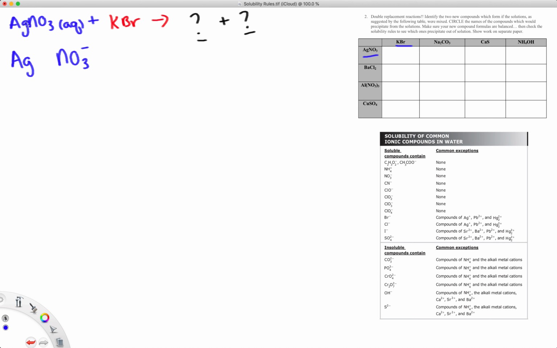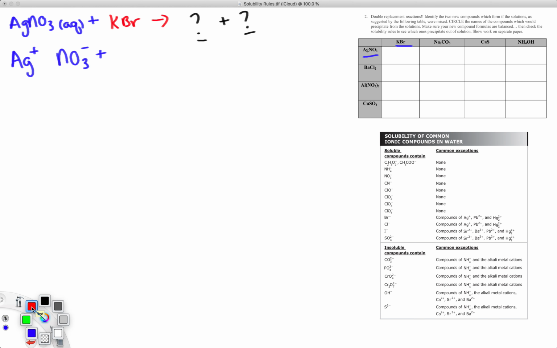I'm going to take a look at this compound up here, and I see that it's in a 1-to-1 ratio, which means there's one silver ion for every nitrate anion. Because those are in a 1-to-1 ratio and the charge on this is -1, silver is going to have to be equal and opposite in charge, so it's going to be +1.